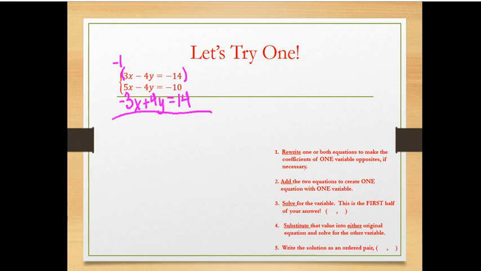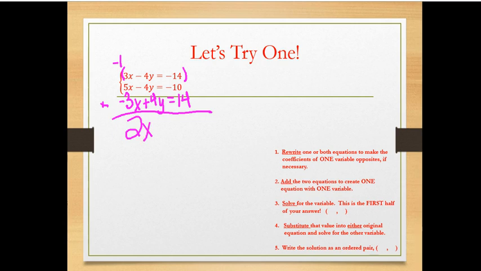Now, when I combine that new equation with the second equation from my original system, 5x plus negative 3x leaves me with 2x. Okay?